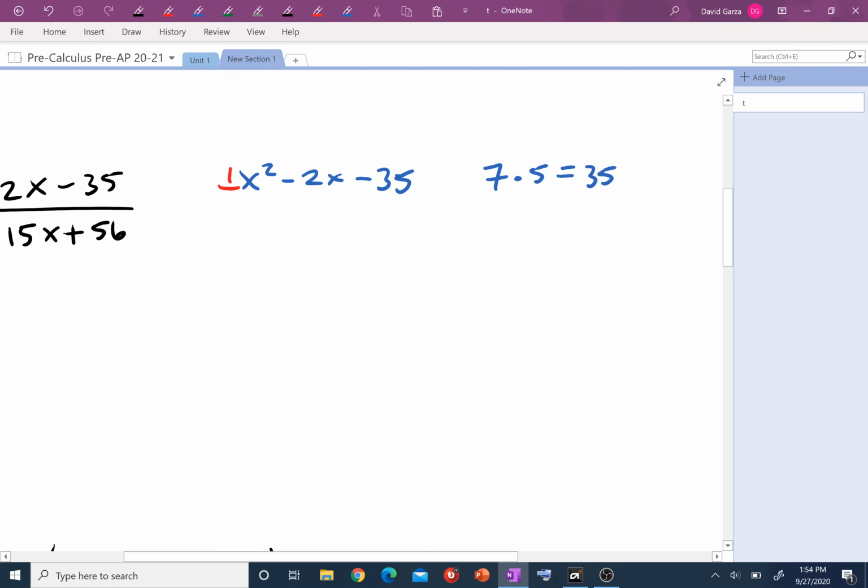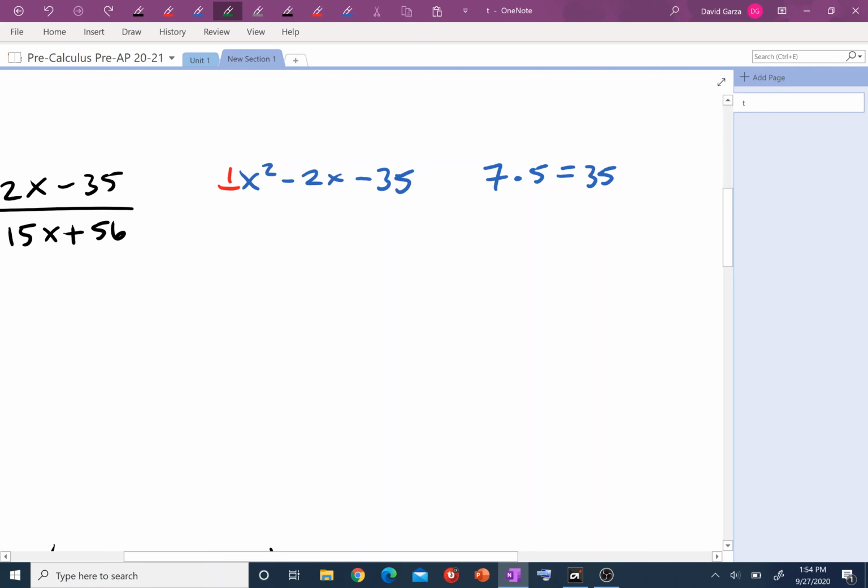So then go ahead and ask yourself, okay, if I add or subtract 7 and 5, or 5 and 7, can I somehow get that middle term here, which is negative 2x? So yes, right? Because negative 7 plus 5 is negative 2. So in this case, that's what we're doing here.